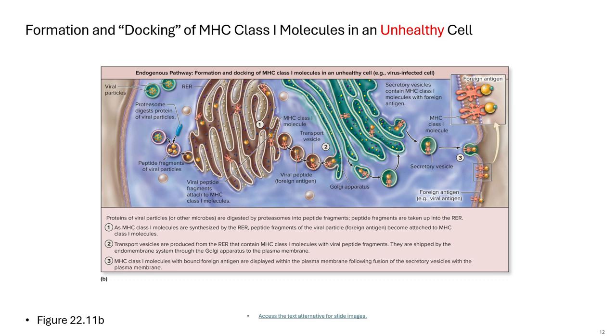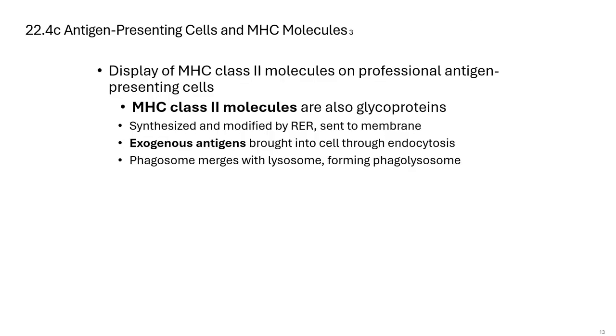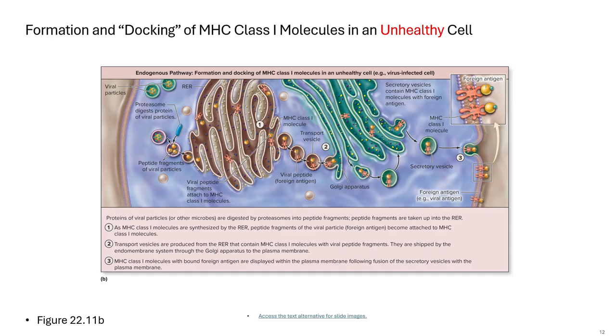And so this is what's happening with an MHC1 molecule. Remember the MHC1, these are on nucleated cells. Now, another thing I should mention, let me go back just a second. For these unhealthy cells, we dock this MHC1 with a foreign antigen. In this case, the cell is going to die. The cell is going to be destroyed, right?